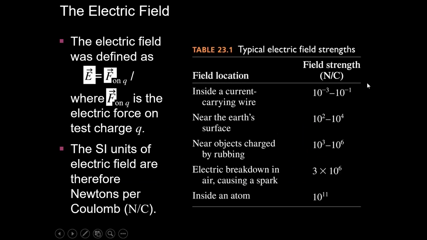Here's an interesting table with some typical values for the strength of the electric field. Again, the units of the electric field are newtons per coulomb. And so what drives electric current in a wire? Well, an electric field. You have the electric field that's created inside of a current carrying wire, pushing the electrons that are freely moving along.